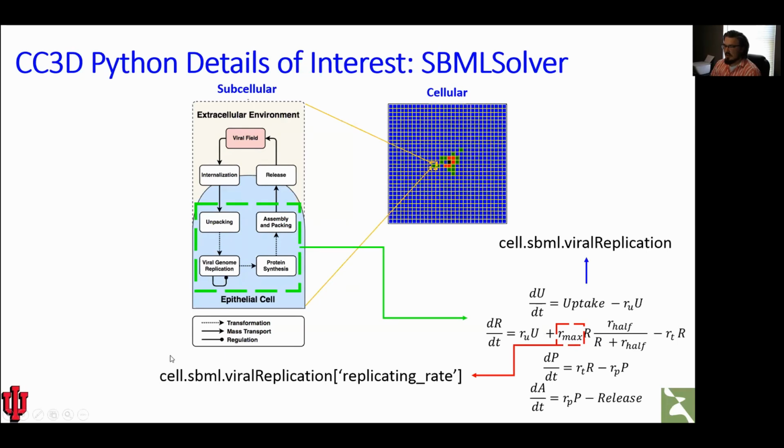You can see this is for a particular cell, accessing the SBML solver, then the viral replication model for that cell, and then the name of the coefficient that we're interested in, which is the replicating rate. So we'll do this a little bit today. This is how this is done on a cellular basis.